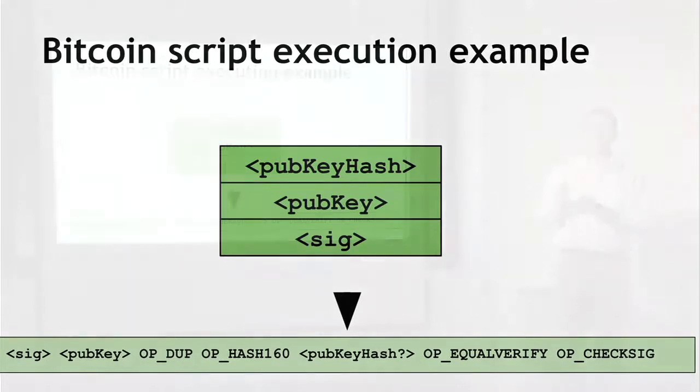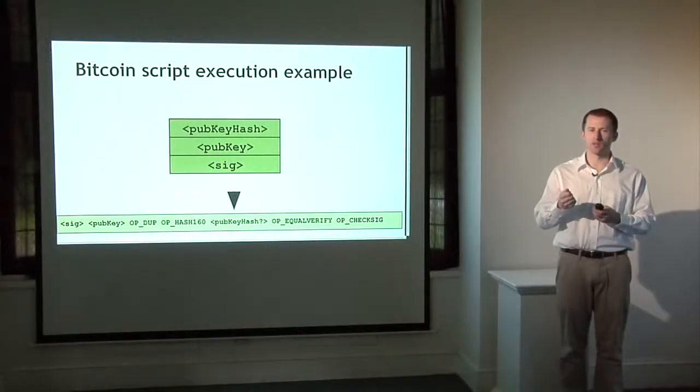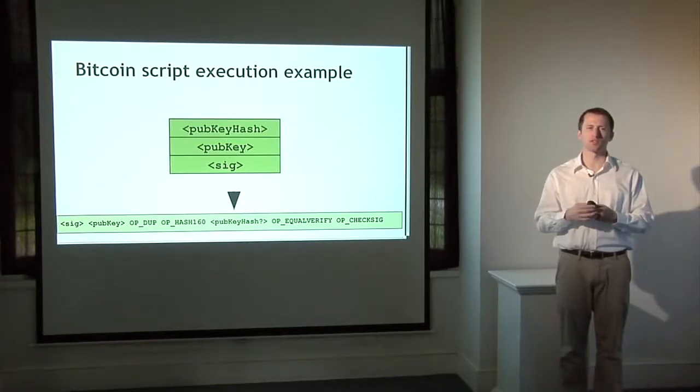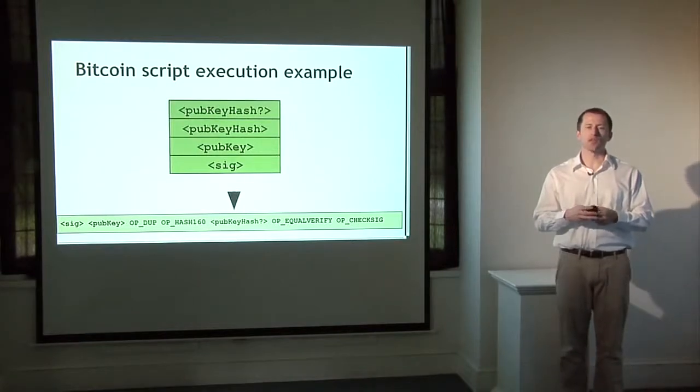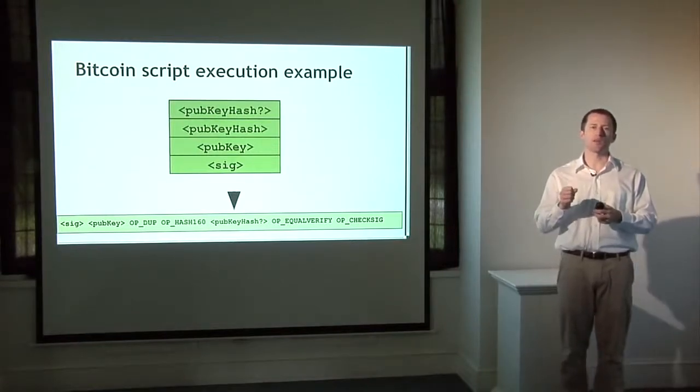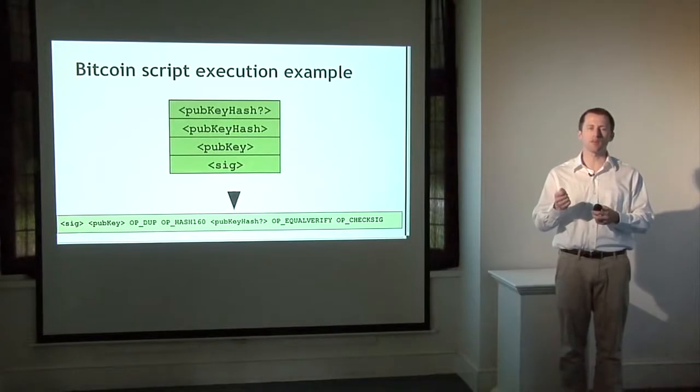And this data, remember, was specified by the sender of the coins. So this is the public key that the sender specified had to be used to generate the signature to redeem these coins. So now at the top of the stack we have 2 values. We have the hash of the public key as specified by the sender, and the hash of the public key that was actually used by the recipient when trying to claim the coins.